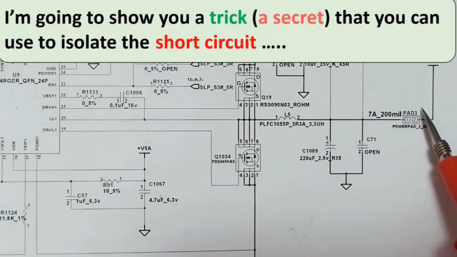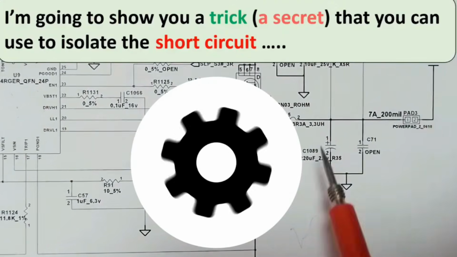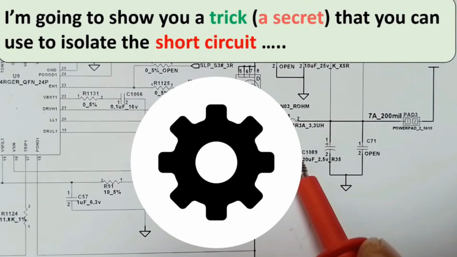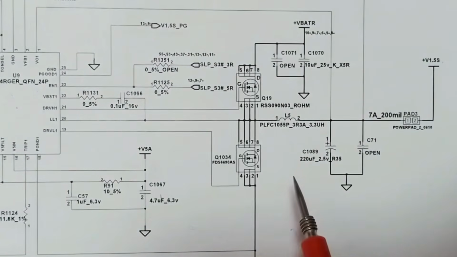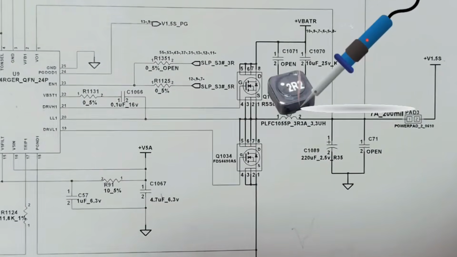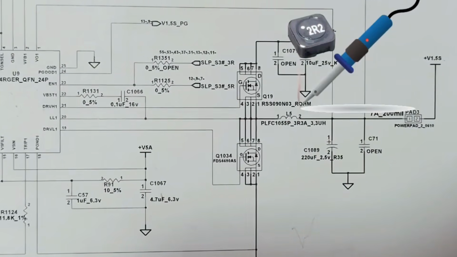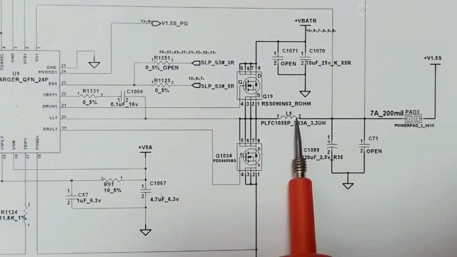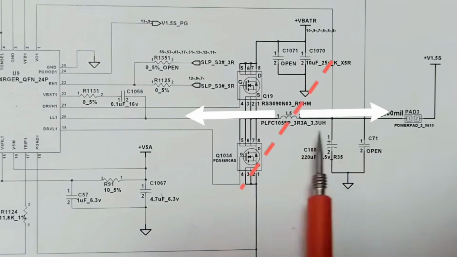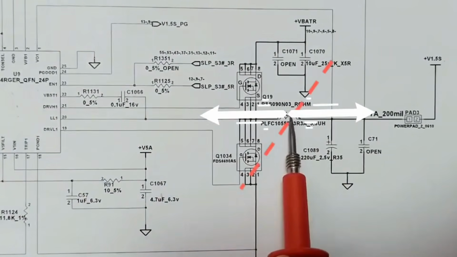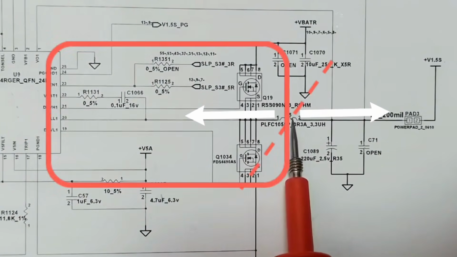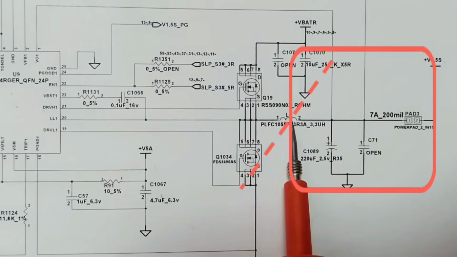So now I'm going to show you a trick that you can use to isolate the short circuit. We can remove, for example, the inductor from the motherboard. If we remove the inductor, we will isolate the short circuit to just one side, maybe this side or this side.